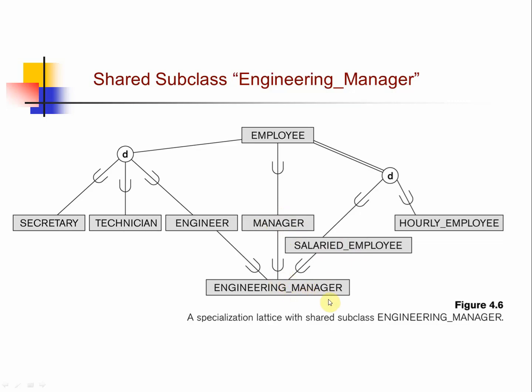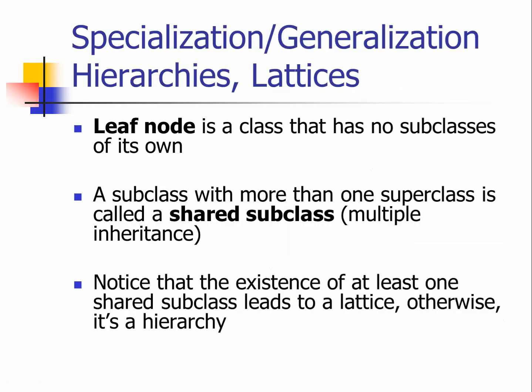And this is a good example to show you what a hierarchy is versus what a lattice is. So a leaf node is a class that has no subclasses of its own, which is exactly the same concept we discussed in the tree structure. A subclass with more than one superclass is called a shared subclass, and that will cause multiple inheritance. Notice that the existence of at least one shared subclass leads to a lattice.